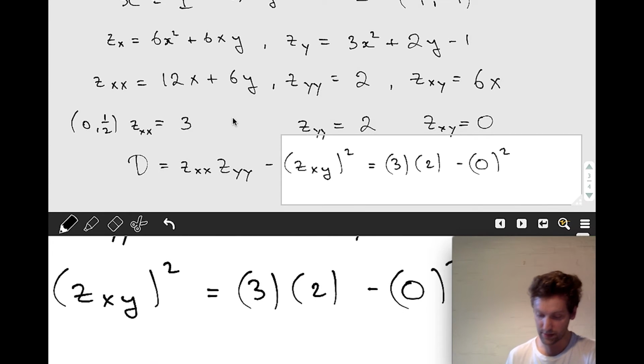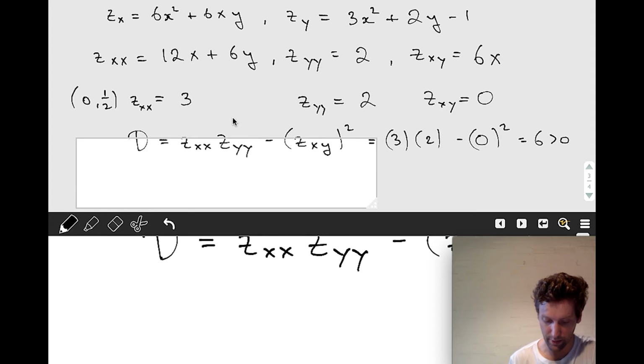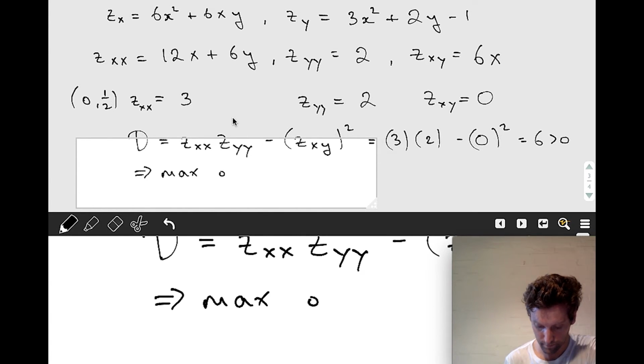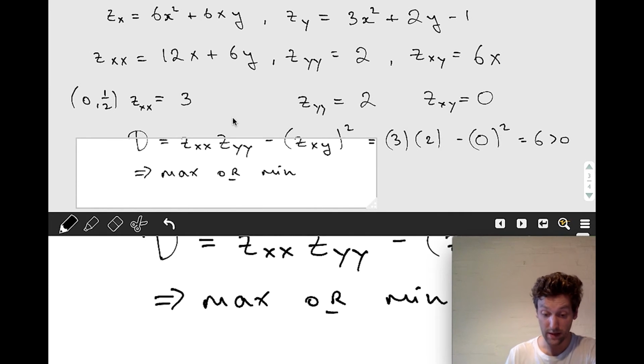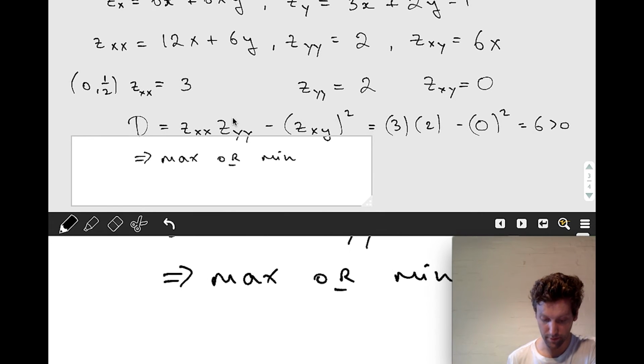So that's equal to 6, which is greater than 0. So when d is bigger than 0, it means that our contours are closed, which implies that we're dealing with a max or a minimum. But we know that both the second derivative with respect to x and the second derivative with respect to y are both positive numbers. If either of them were positive, it would tell us we're in a minimum.